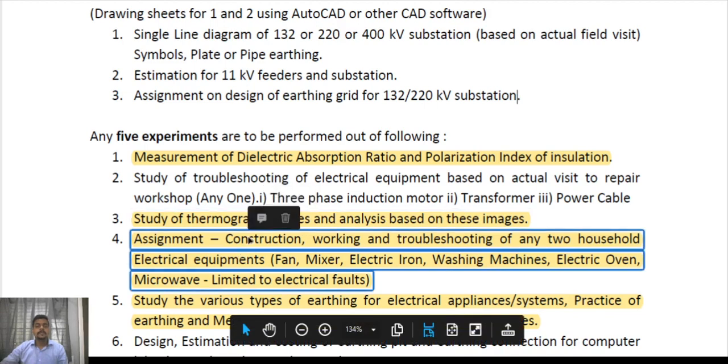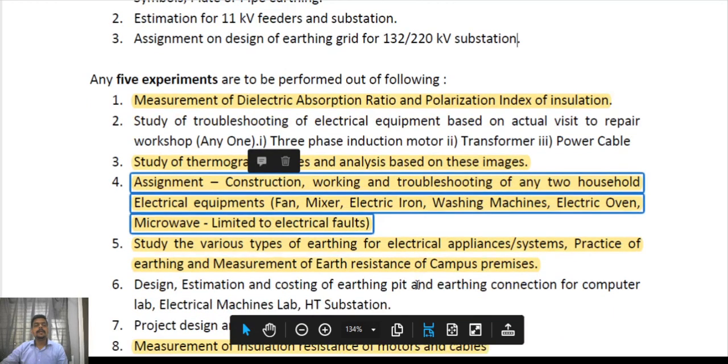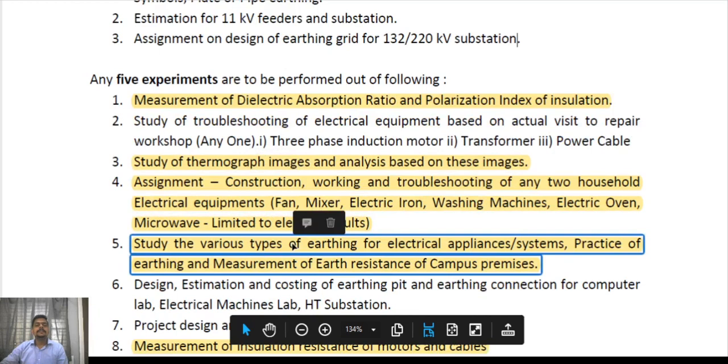We will solve one assignment which consists of the construction, working and troubleshooting of any two household electrical equipments such as fan, mixer or electric iron. Next practical is to study the various types of earthing for electrical appliances or systems, practice of earthing and measurement of earth resistance of campus premises.